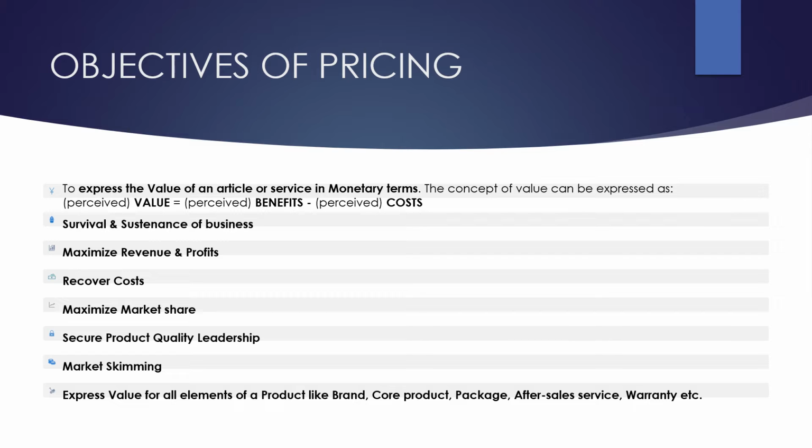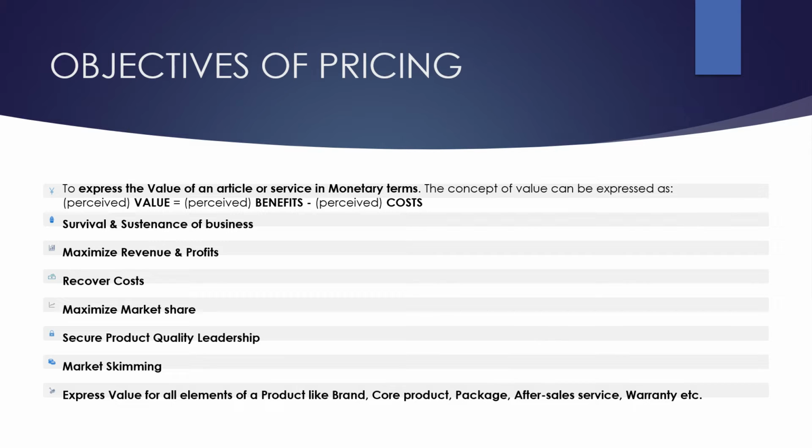And pricing is essential for survival and sustenance of business. Proper pricing is essential because it is only sales that generates revenue for the firm. So sales is determined by prices.